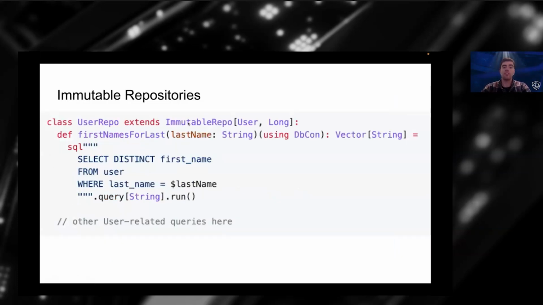You can also, interestingly, extend this immutable repository interface. So you can have an object that extends your immutable repo, and then you can aggregate all of your related queries within that module, and have a good, regular organization of your SQL.